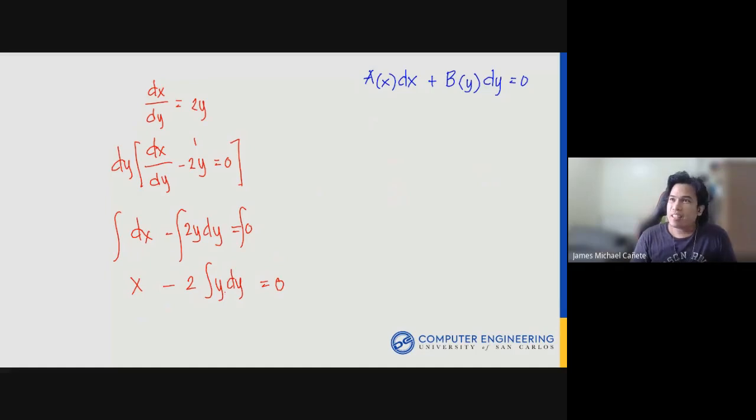Y squared over 2, equal to 0. So we now have a possible solution to the original differential equation.